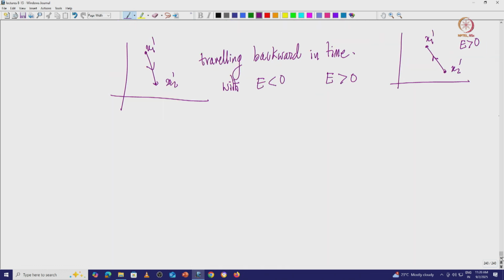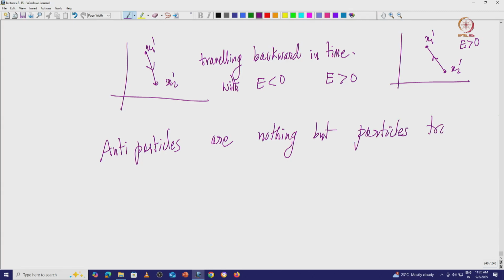So antiparticles are nothing but particles traveling back in time, with charges reversed.